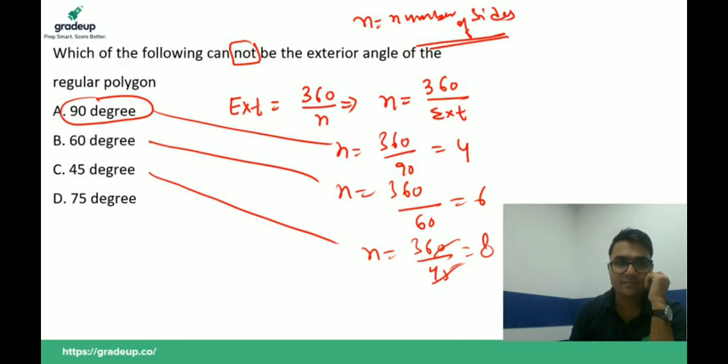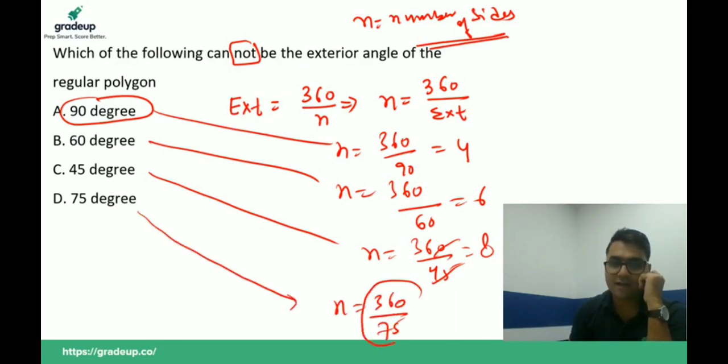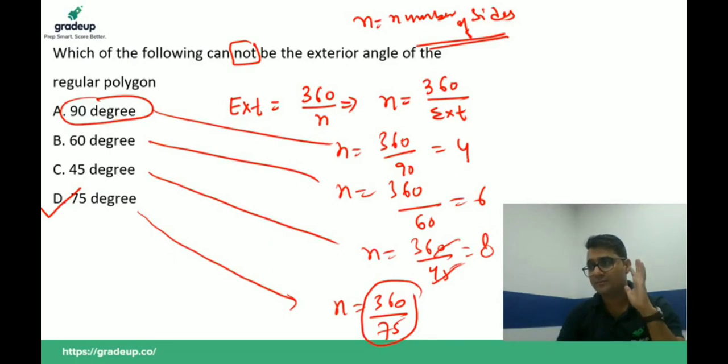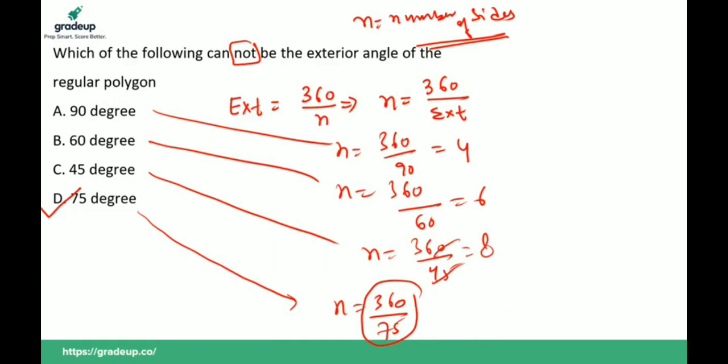Yes, Naresh. And if you are taking 75 degrees, n cannot be an integer. So 75 degrees cannot be the exterior angle of a regular polygon. Okay, is it clear to all of you? Write in the comment box, yes sir.